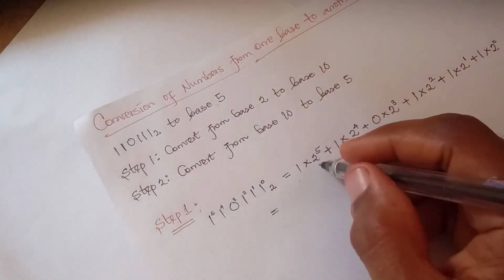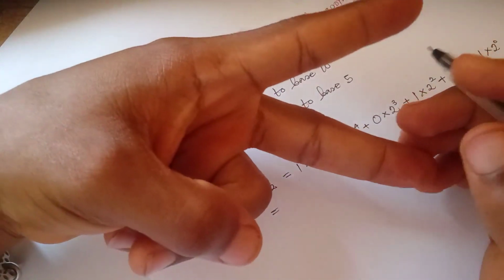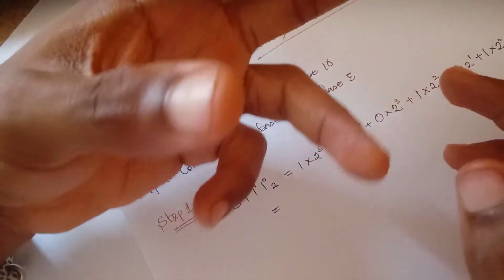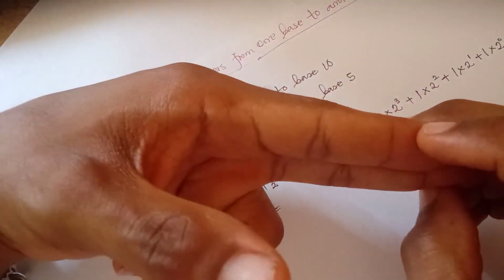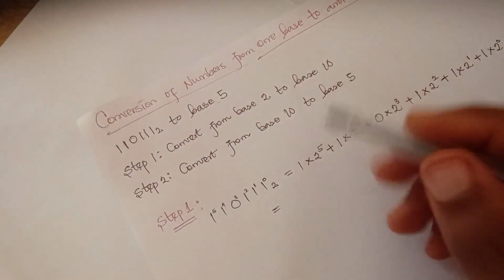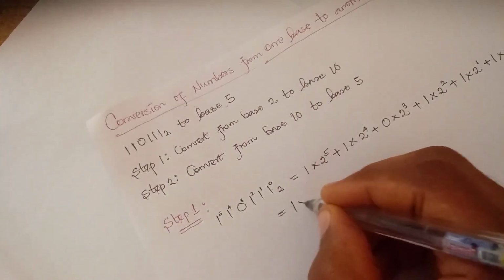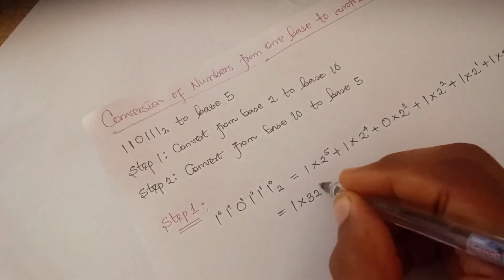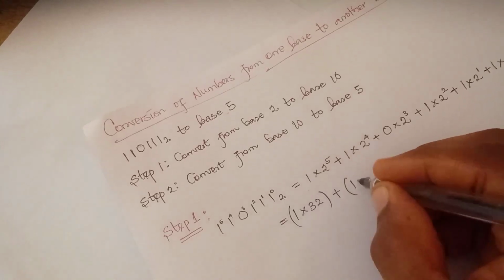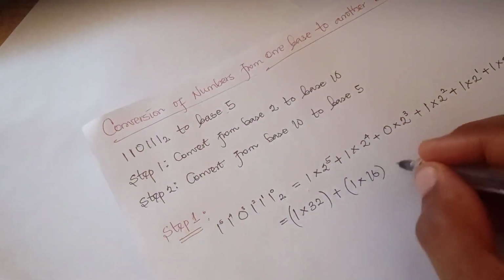2 to the power of 5 means multiplying 2 five times. So 2 times 2 is 4, 4 times 2 is 8, 8 times 2 is 16, 16 times 2 is 32. And we have 1 times 32. Plus 1 times 2 to the power of 4 is 16.